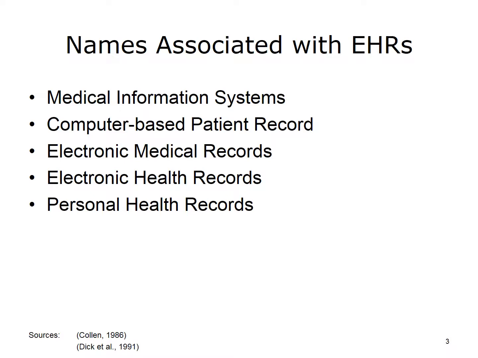In 2008, with funding from the Office of the National Coordinator for Health Information Technology, the National Alliance for Health Information Technology, or NAHIT, came up with definitions that made distinctions among electronic medical records, electronic health records, and personal health records. Although the Alliance has since disbanded, the definitions it assigned still make sense.